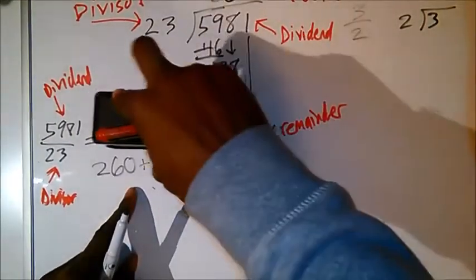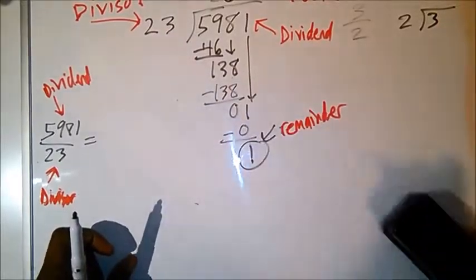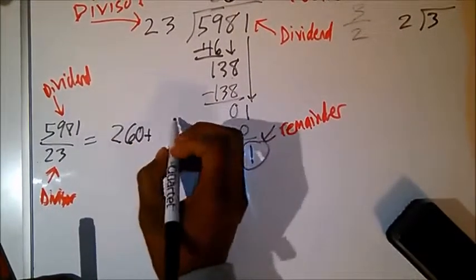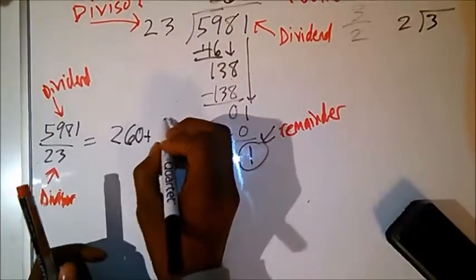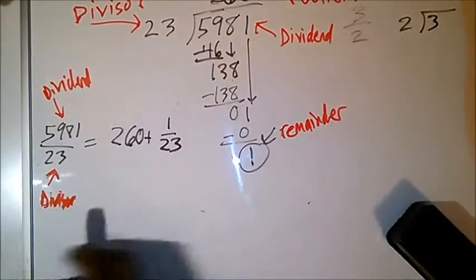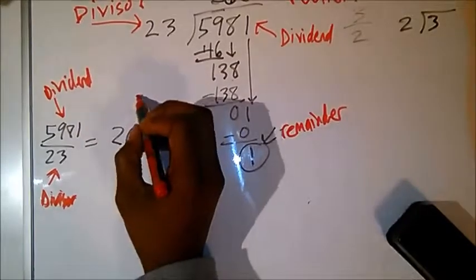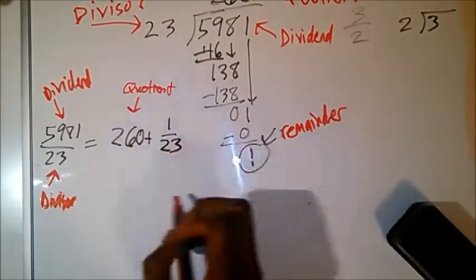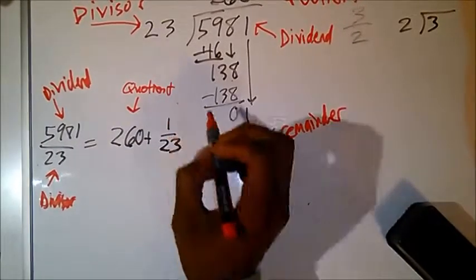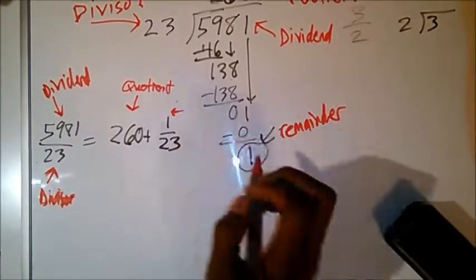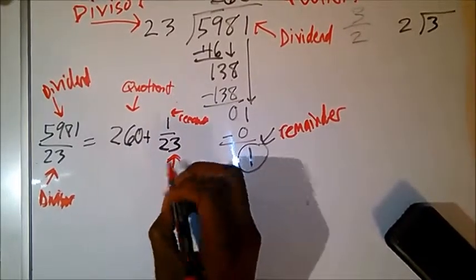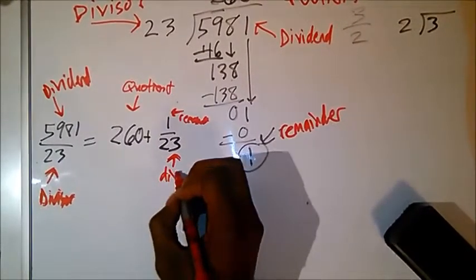It equals 260 plus 1 over 23. This was my quotient. This is my remainder, 1. And here is, again, my divisor.